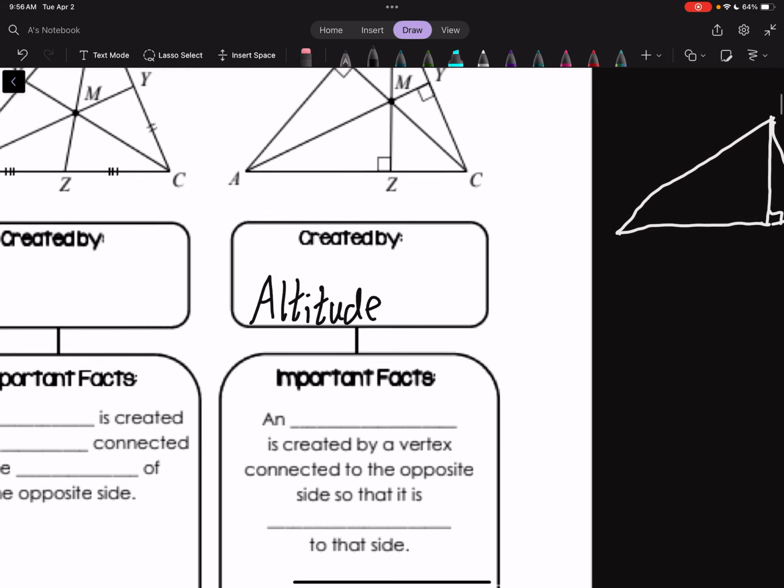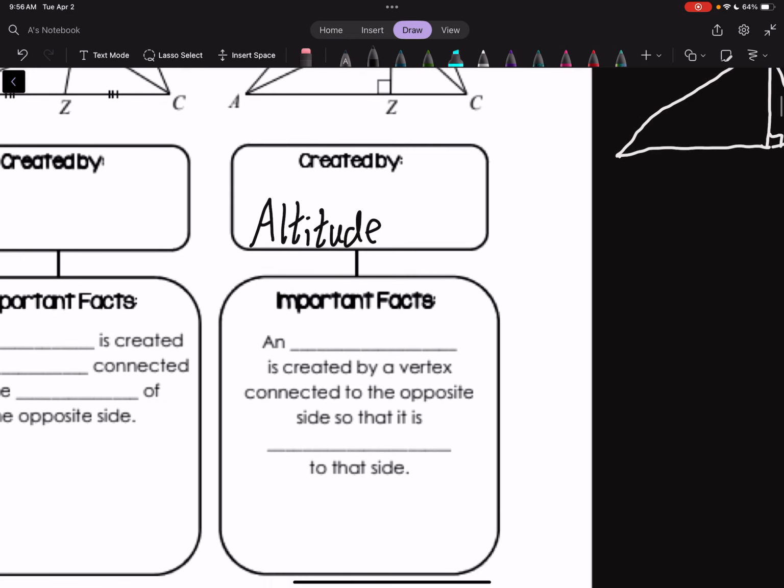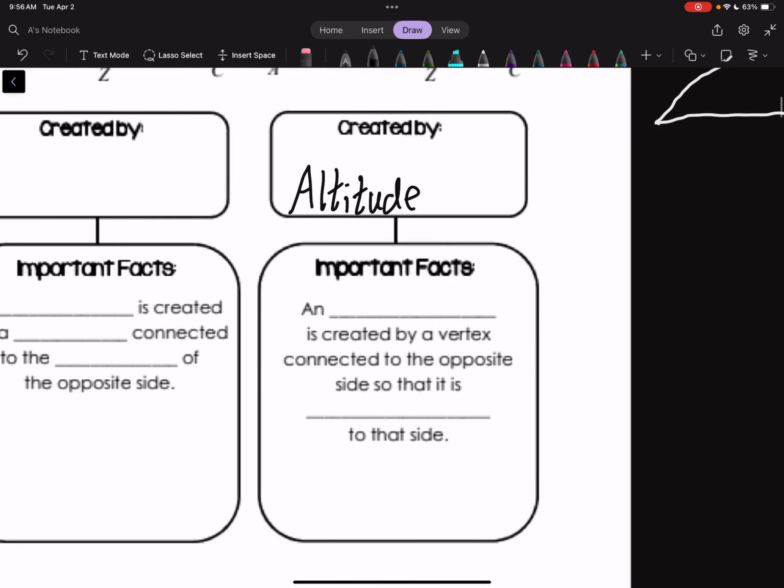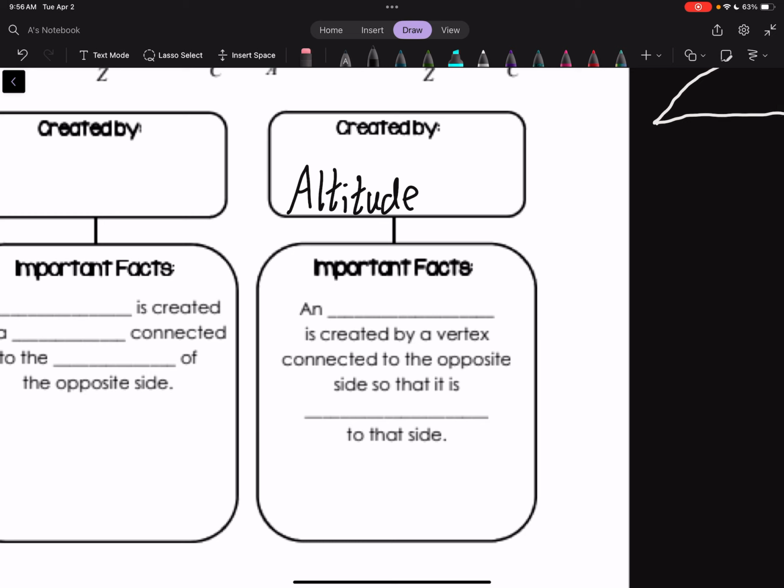Okay. I'm going to do important facts for my orthocenter. And this is just what I just now showed you, but an altitude, that's a terrible A. My altitude is created by a vertex connected to the opposite side so that it is perpendicular to that side.